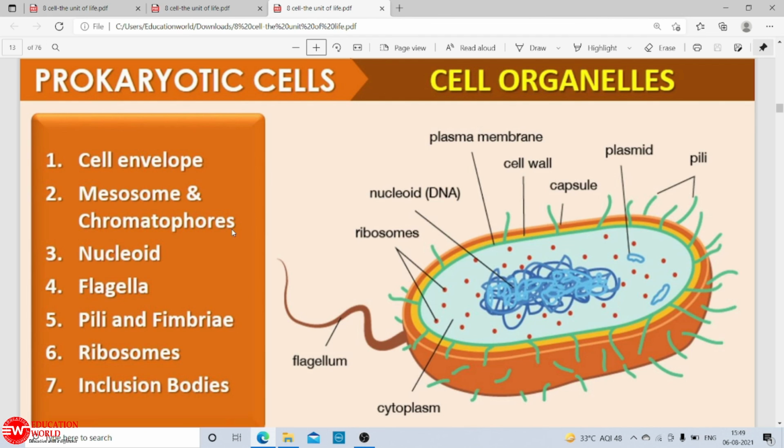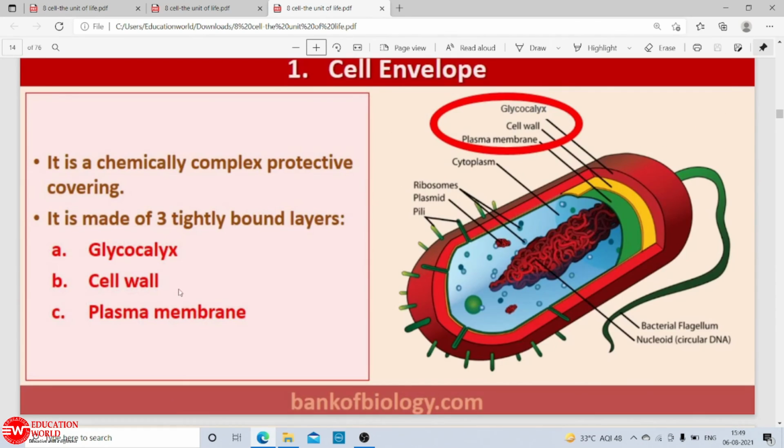Furthermore, they have a few specific organelles such as the mesosome, chromatophores, nucleoid, flagella, villi and fimbriae, ribosomes, and certain inclusion bodies. In the next lecture, I will discuss with you the various kinds of cell organelles reported in the prokaryotic cell, along with the details of the prokaryotic cell.